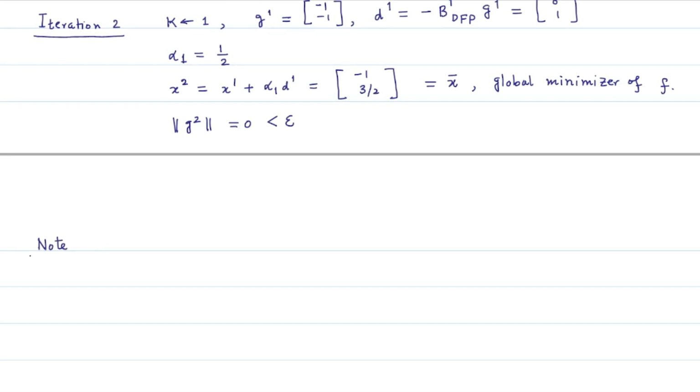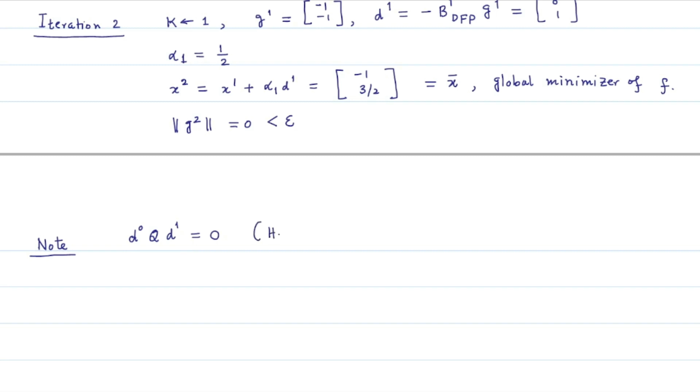You can also verify that the directions of movements d naught and d1 that we have computed in this particular problem satisfy this equation, and hence d naught, d1 are conjugate to each other.